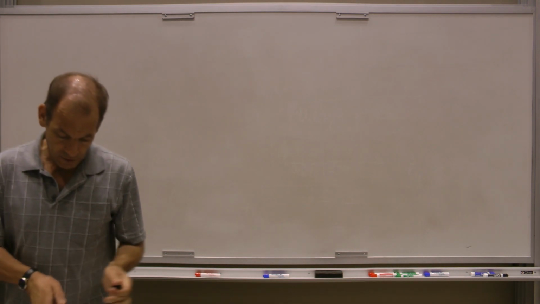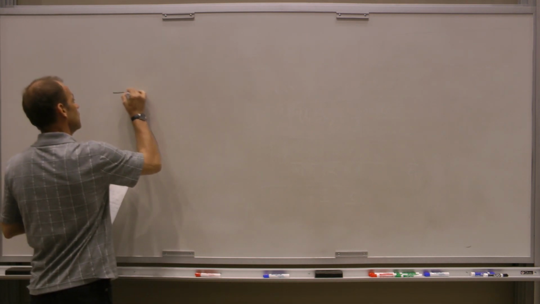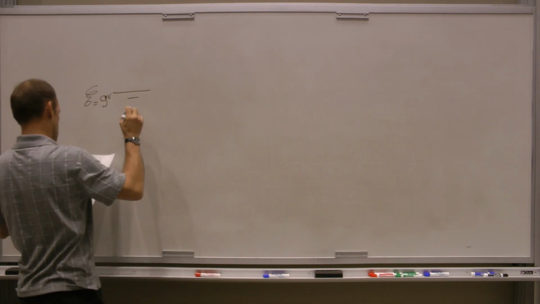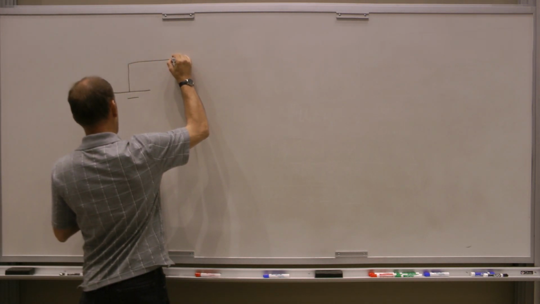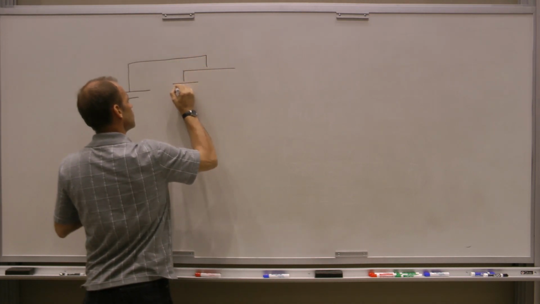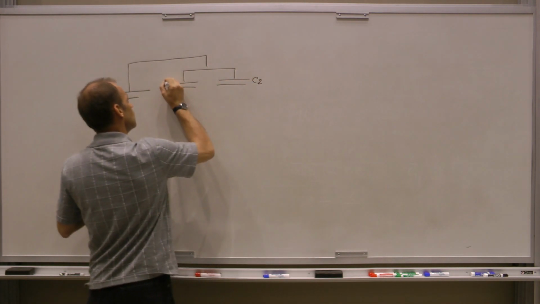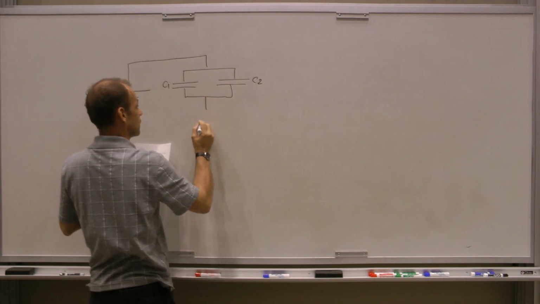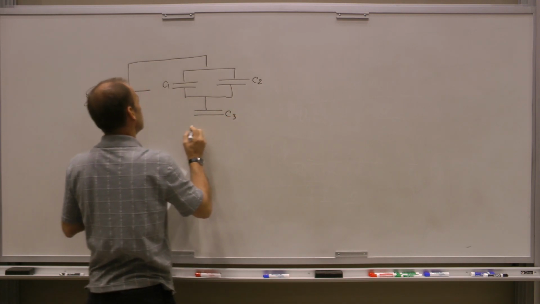So let's take a simple calculation of a battery of EMF E, call it 9 volts, connected to a set of capacitors, such that we have capacitor C1 in parallel with capacitor C2, and then this whole arrangement connected in series with capacitor C3.